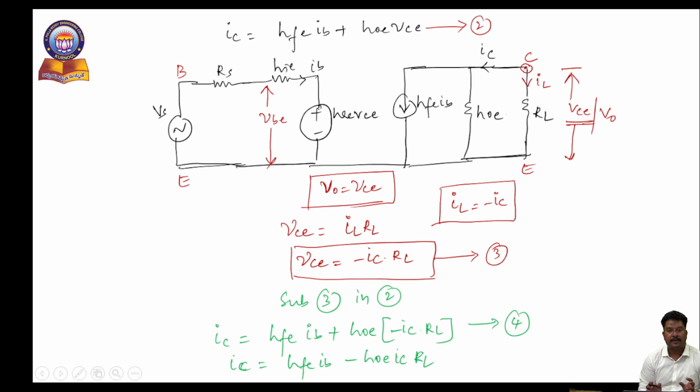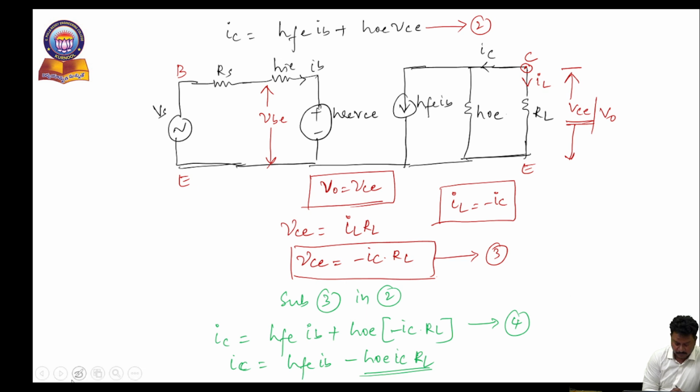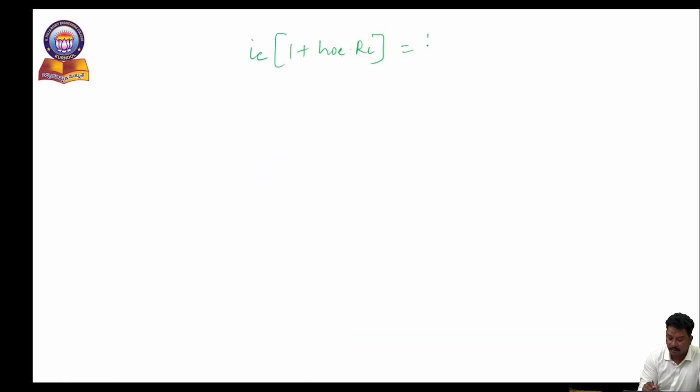I am trying to equate all IC terms on one side and IB terms on the other side, so I am sending this term to the LHS. Then the final equation will become IC of 1 plus HOE into RL equal to HFE into IB.